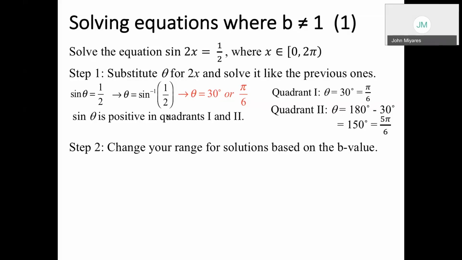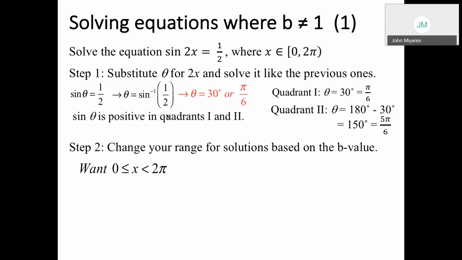The problem is that this was not the question that was asked. I didn't ask you to find angle theta. I asked you to find the measures of all angles x between 0 and 360 degrees, or 0 and 2 pi radians, such that the sine of 2x equals 1/2.